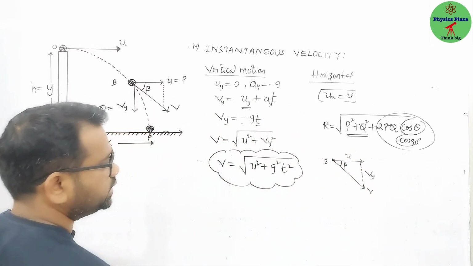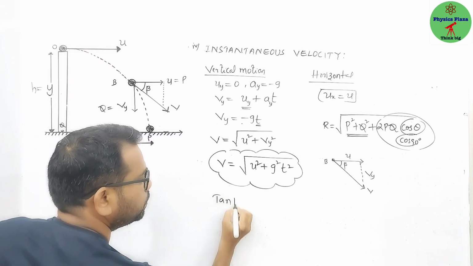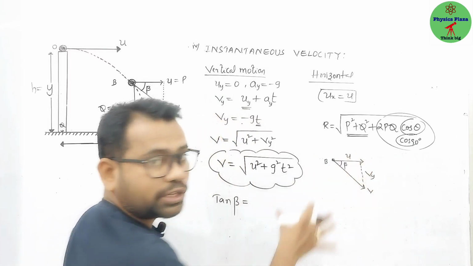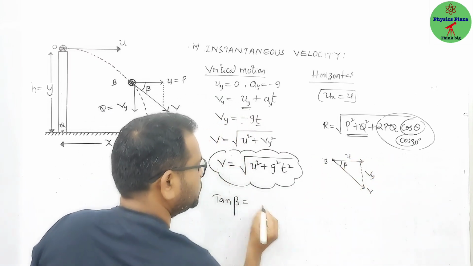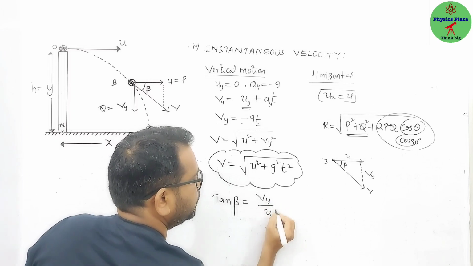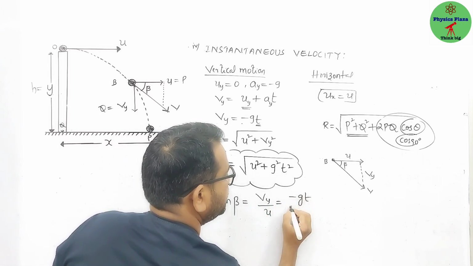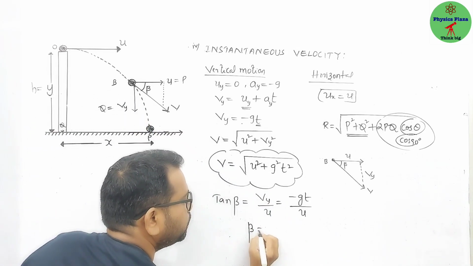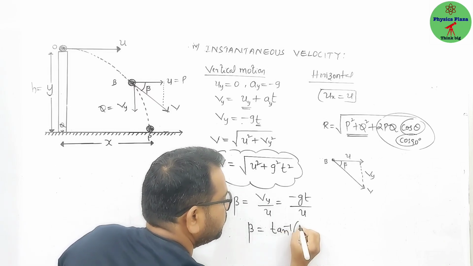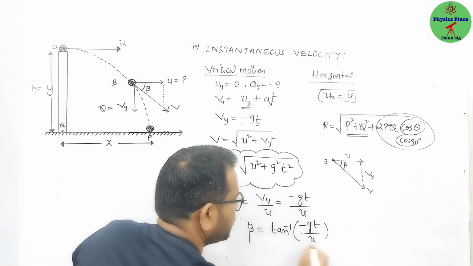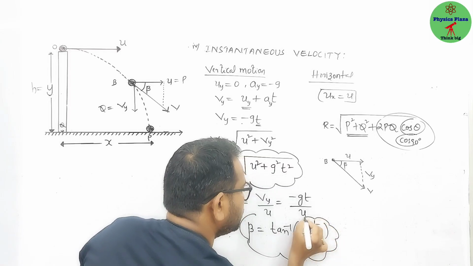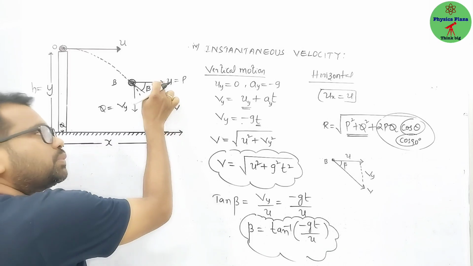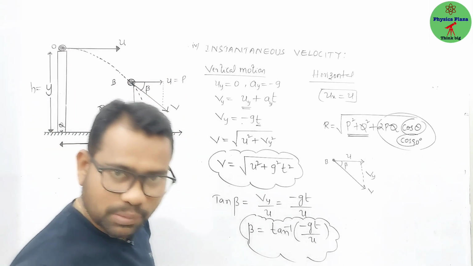Now from this I can write tan beta is equal to opposite side by adjacent side, that is vy by u, but vy is minus gt, so minus gt by u. If you want, you can take the magnitude, just gt. And beta is equal to tan inverse of gt by u. This is the direction, the angle the resultant vector makes with the horizontal. Is the point clear? Yes.